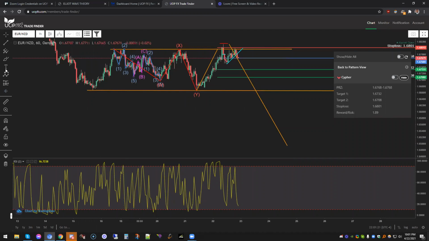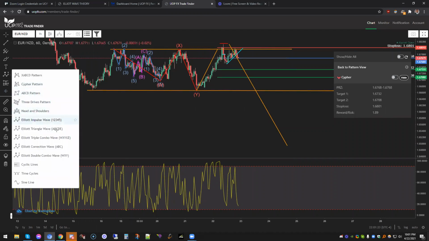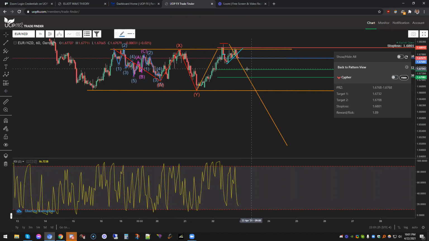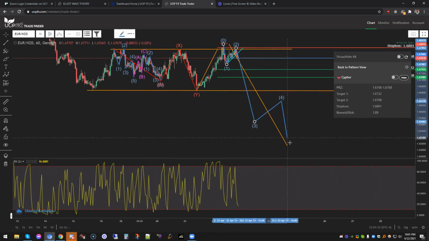You'd expect something that looks more like this. Since this is the end of the correction, you'd expect something that looks like a 5-wave move. So this is 1, 2, maybe 3, maybe 4, maybe 5. Something that looks like that, okay? That's what you're going to be expecting. A 5-wave move to the downside.